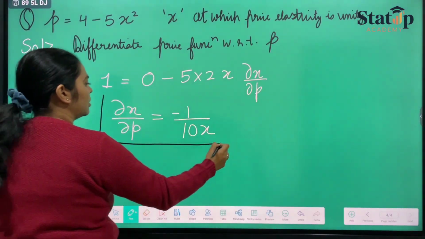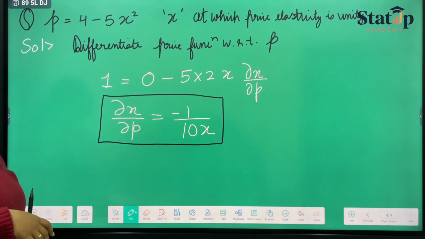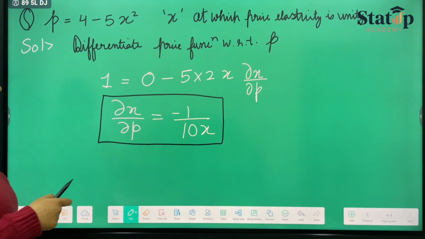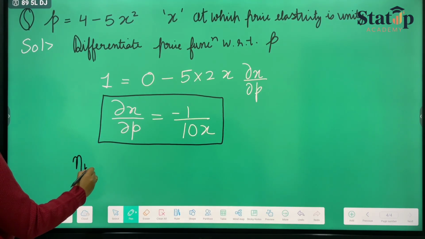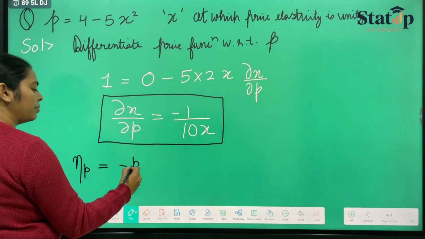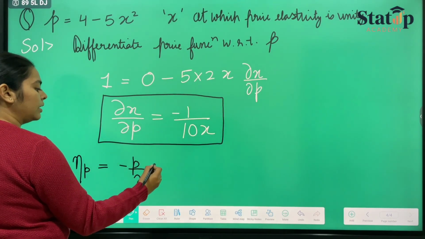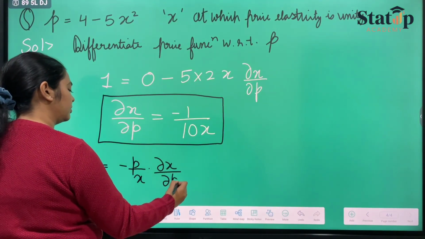This is our equation for finding the demand analysis. Now we know that the price elasticity of demand, eta p, is nothing but minus p upon x into delta x upon delta p.